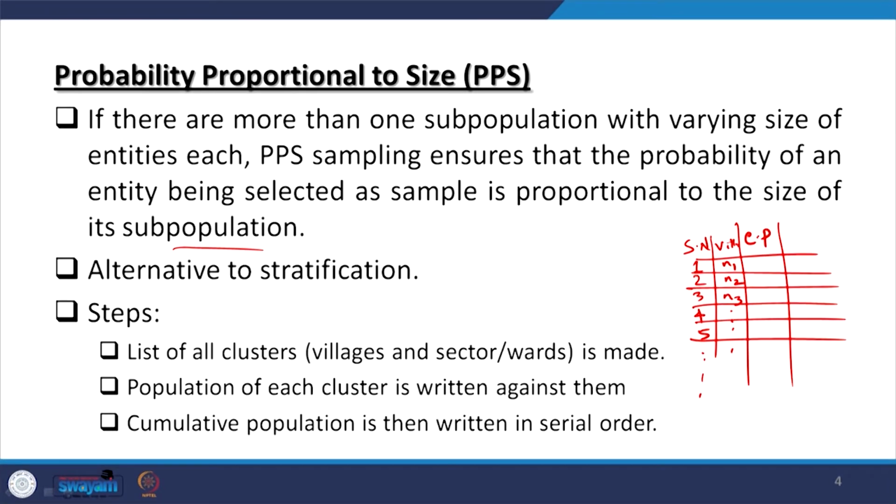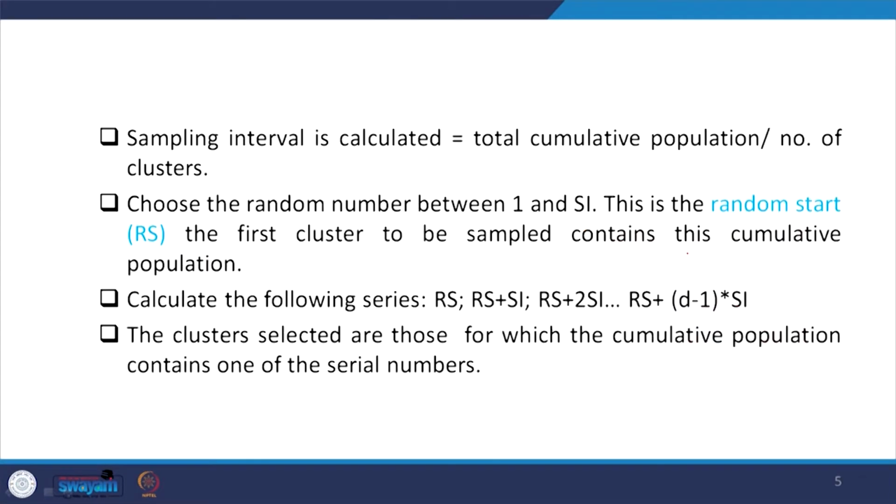The cumulative population will be N1, then N1 plus N2, then N1 plus N2 plus N3, and so on. The cumulative population should be calculated. These are some steps to be followed, very helpful steps to select a particular sample with a probability structure.